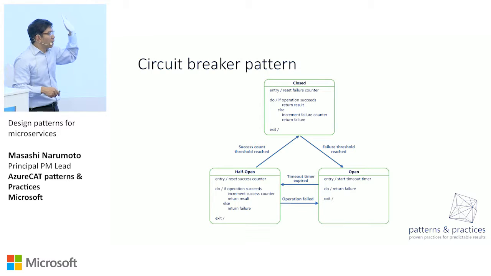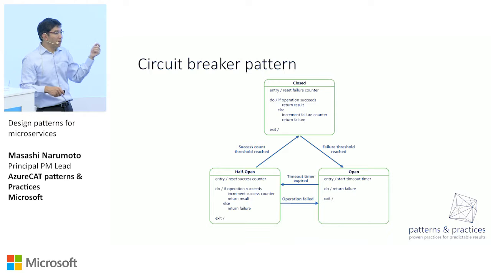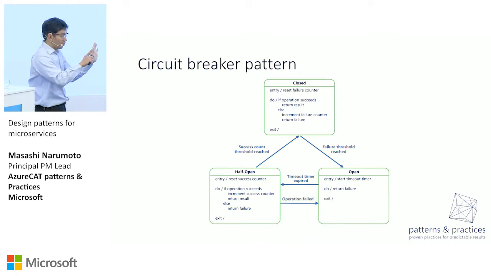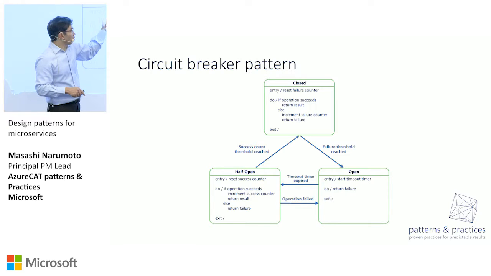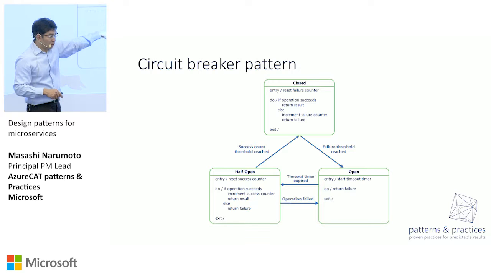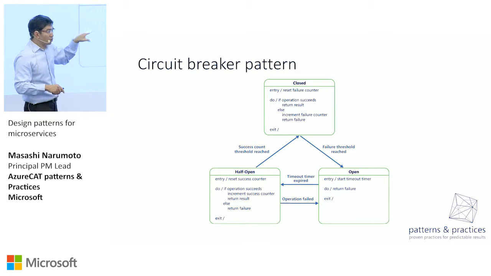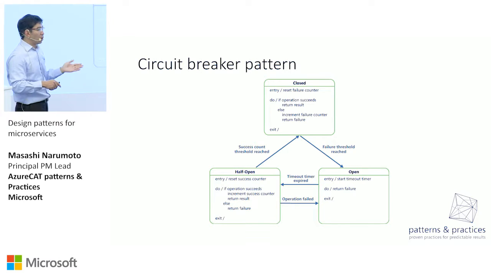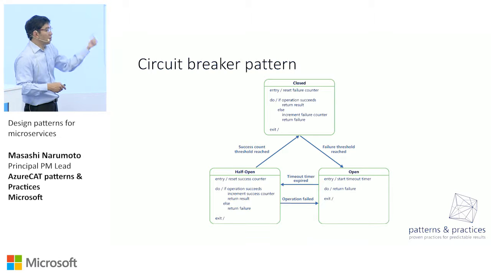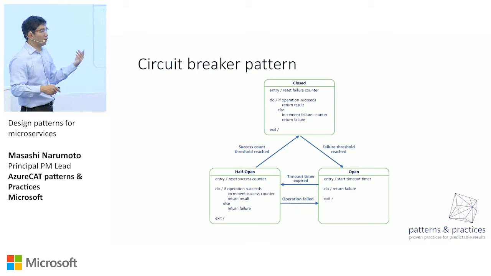And once a number of failures happen in m minutes, like for instance, 100 failures within the last 3 minutes, whatever you configure, when it goes beyond that threshold, it trips to the open state where no calls are going through. You shut it out, then return to the caller client saying, oh, all of your requests are failing.